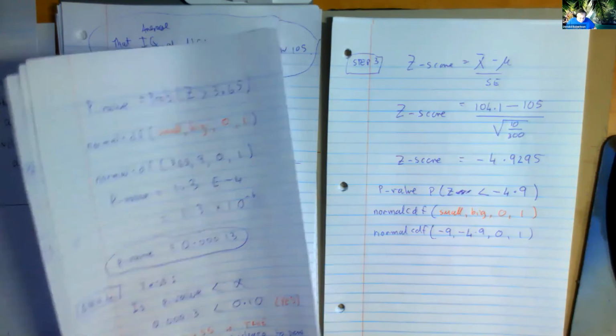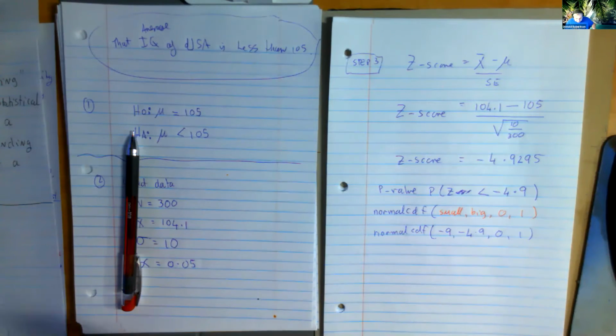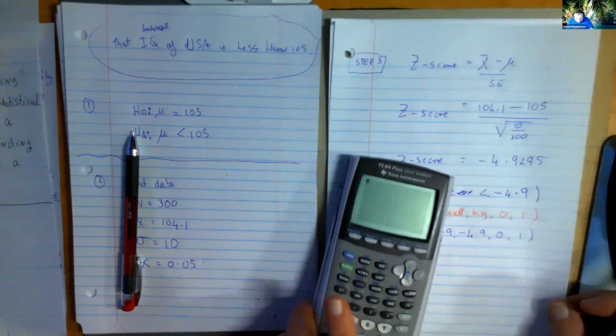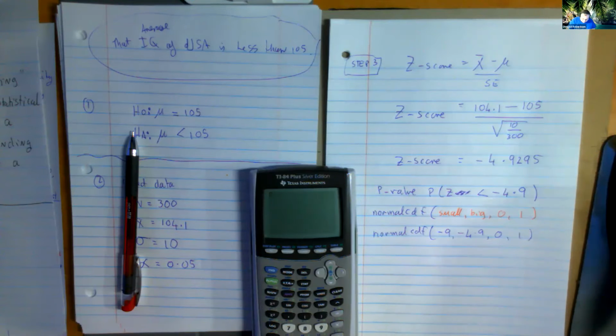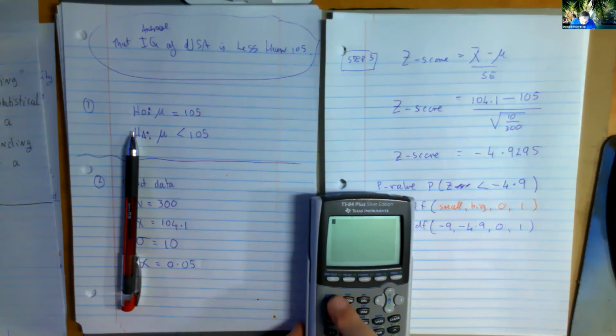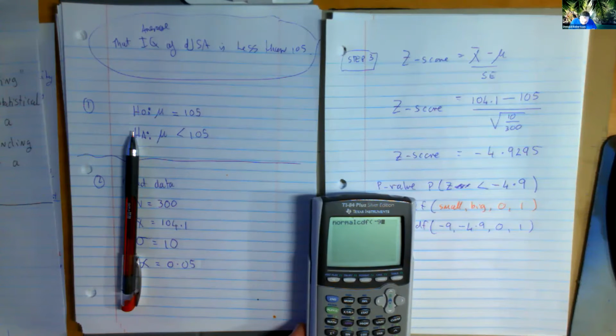Right. Now, this is going to be done in our calculator, and I strongly suspect it's going to be a tiny number. Let's see how tiny it is. Second distribution, choice number 2. The numbers are negative 9, comma, negative 4.9, comma, 0, comma, 1, close the brackets.